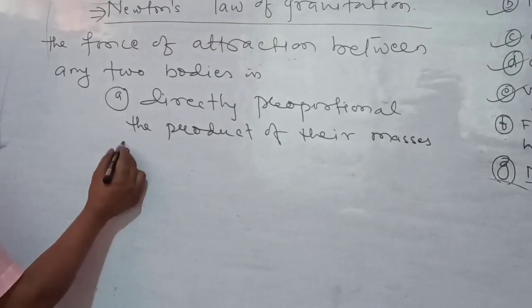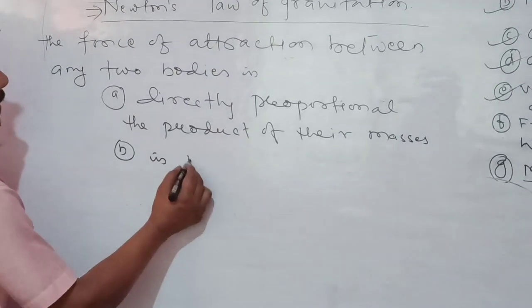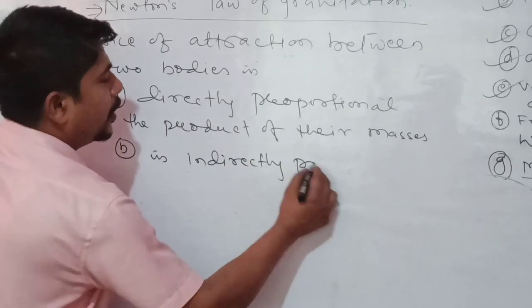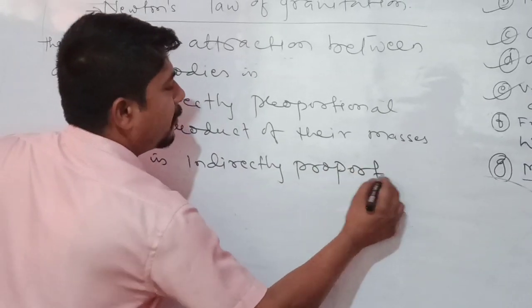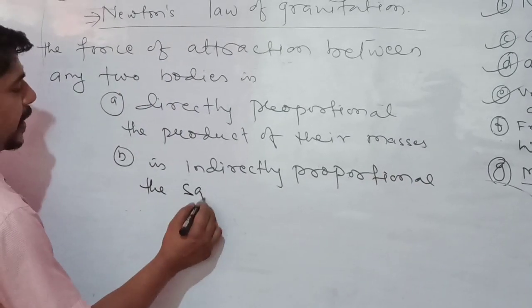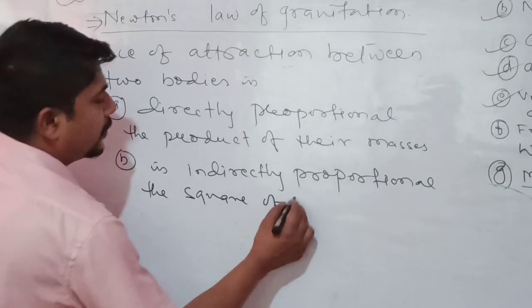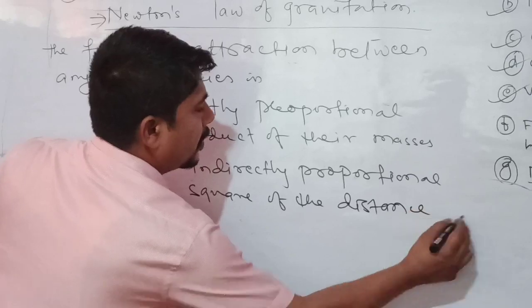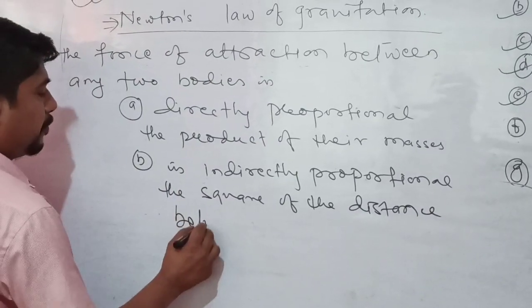Next he tells that it is inversely proportional to the square of the distance between them.